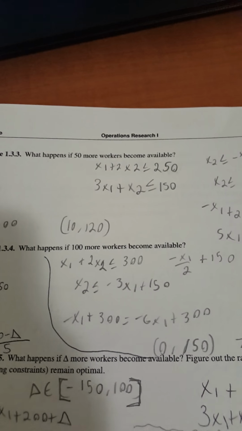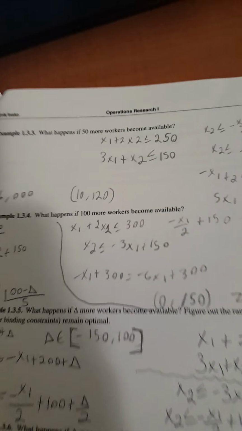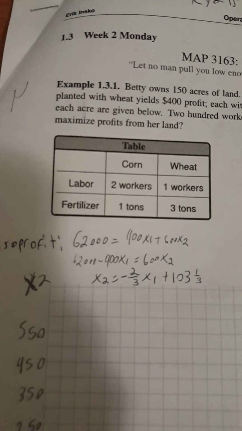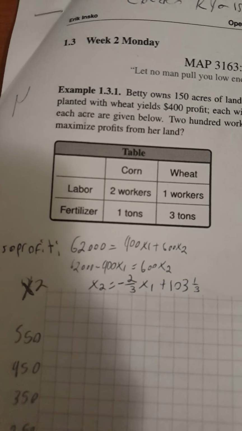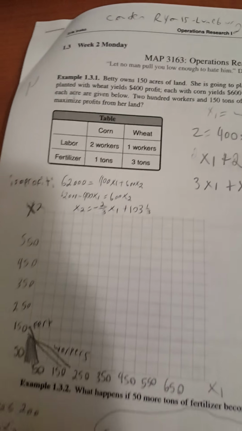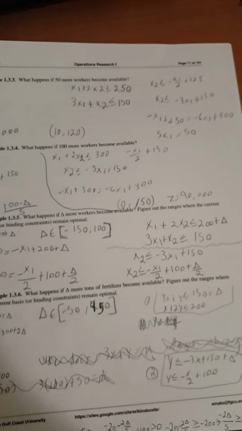Makes sense, because the thing that gives the most profit requires the most workers and the least fertilizer. So increasing workers will do more for you than increasing fertilizer. That's just an intuitive approach to it.